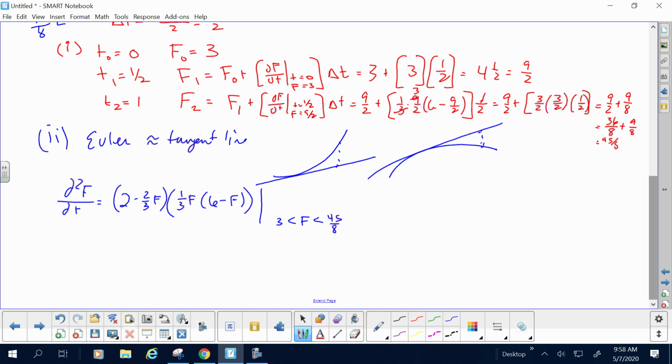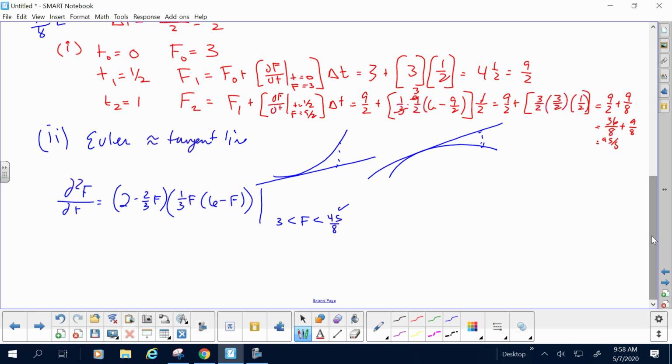All right, so for numbers in this range, even at its biggest, 45/8 would be 15. At its biggest, 2/3 of 45/8 would be 15/4.